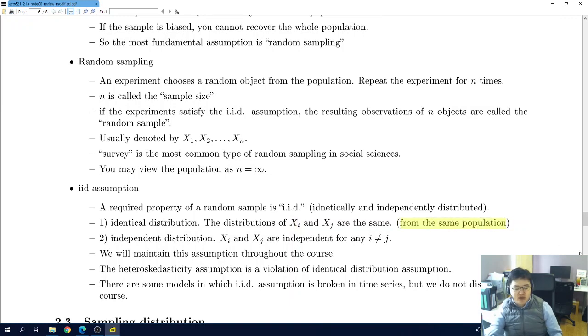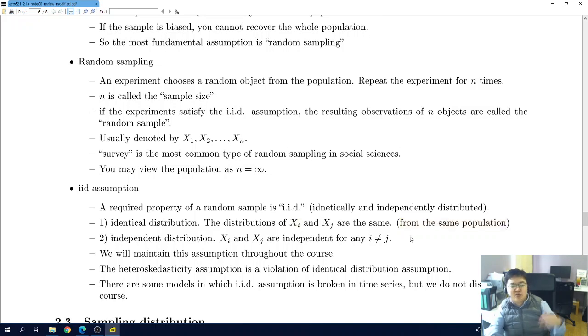So for example, suppose that you are interested in the distribution of wage of women in the United States. But suppose that the first observation is a woman in, say, South Korea. Of course, then the distribution in South Korea would be different from the distribution in the United States. So it's a problem.